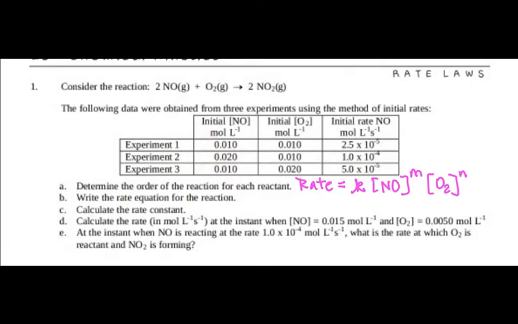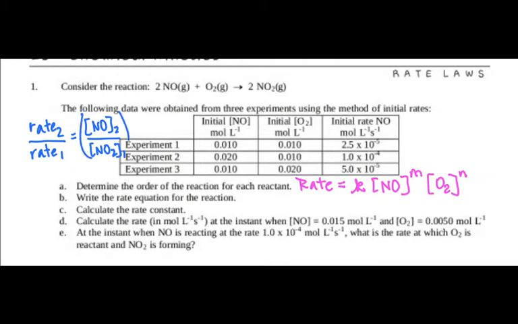So in order to find the order of that reaction, I'm going to write on the left side, but we're going to look at how the rate of experiment 2 is changing as a ratio to the rate in experiment 1, and we're going to set that equal to the concentration of nitrogen monoxide in experiment 2 divided by the concentration of nitrogen monoxide in experiment 1.